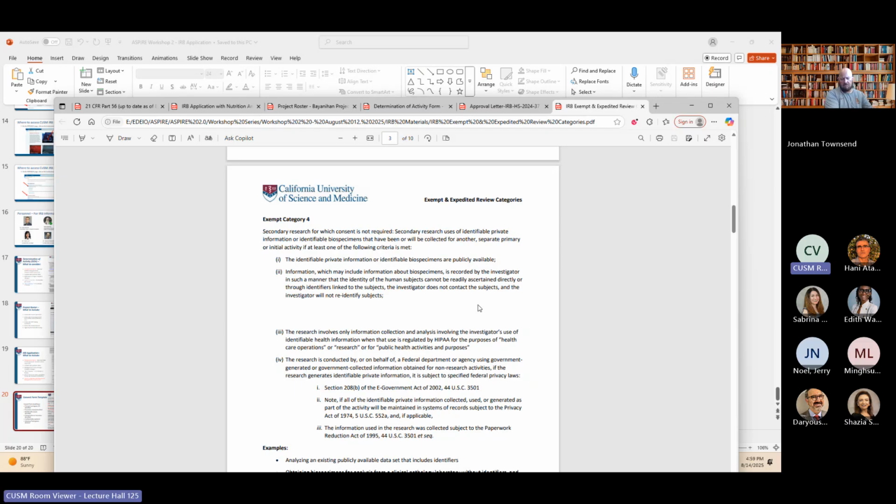The reason I'm telling you this is that wherever you go for residency, your hospital might have an IRB. You might be working for an academic medical center; they'll have an IRB. Their processes might be slightly different, so just be prepared for that. It might not look exactly like this. If you end up at Loma Linda, you might have to declare, well, I think this is an exempt application, and you might get a letter saying no, it's not exempt, it's filed under expedited. And there they have monthly deadlines.